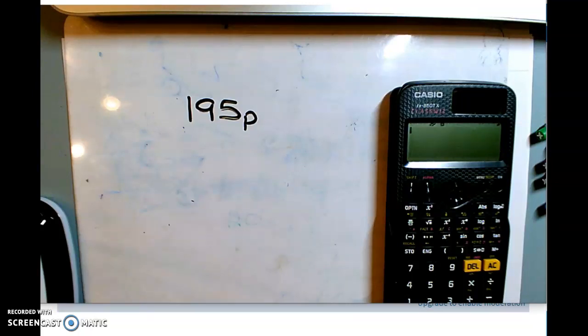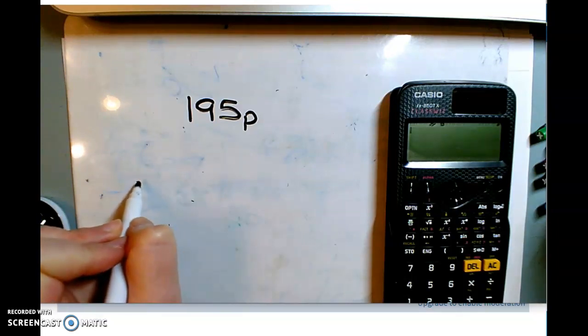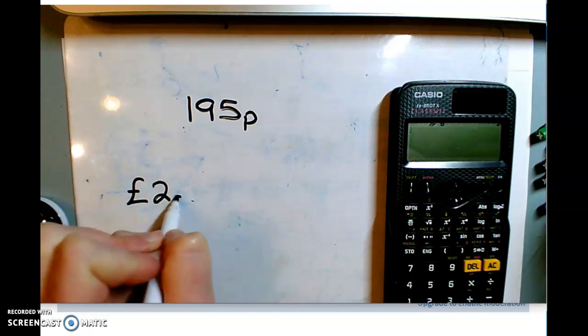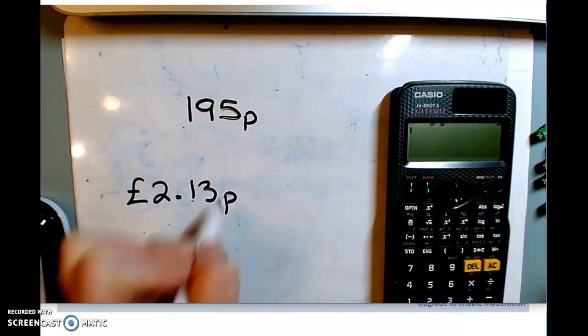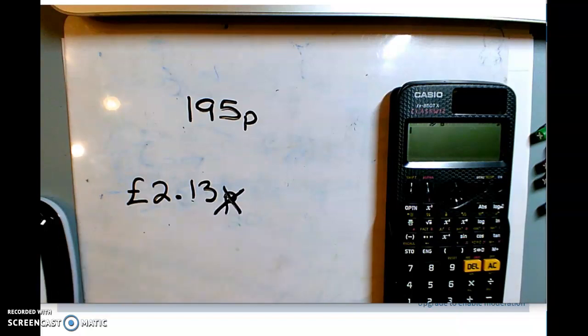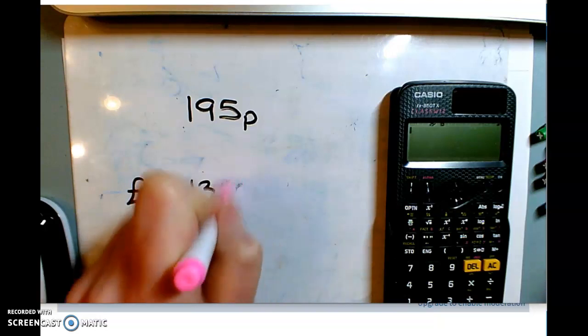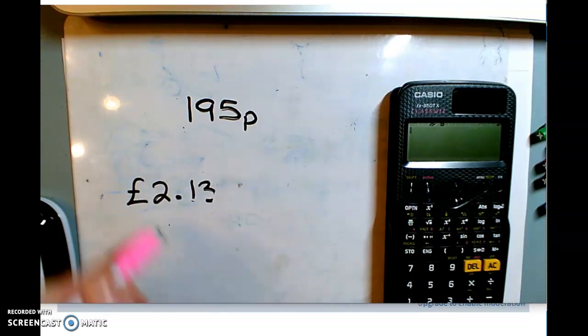Okay, so when we're asked to write it in pounds and pence, this would be an example. So if I had 2 pounds and 13 pence, that's how I'd write it. I don't write the p, right? There's no extra p on the end. We just have a pound symbol up front and 2.13. And that's how we write it in pounds and pence.